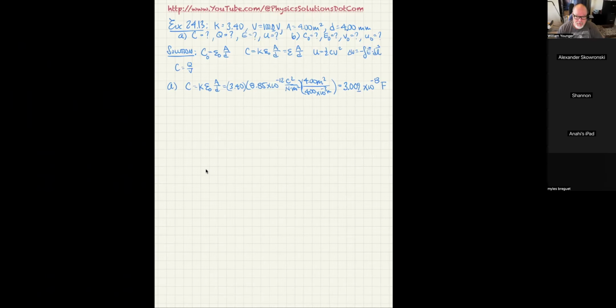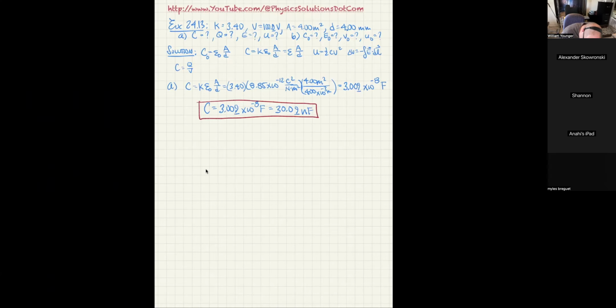So we'd get 30.09 times 10 to the negative ninth farads. That's also true. So C is equal to 3.009 times 10 to the negative 8 farads, but that's also equal to 30.09 nanofarads. So both of those are correct answers.